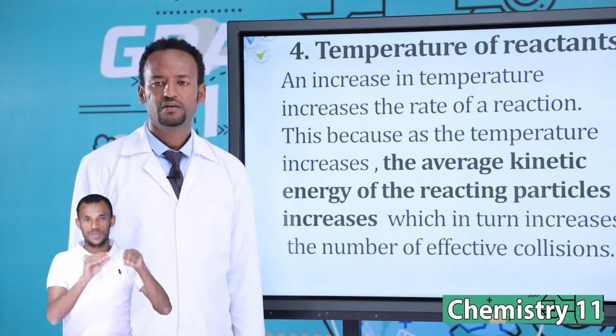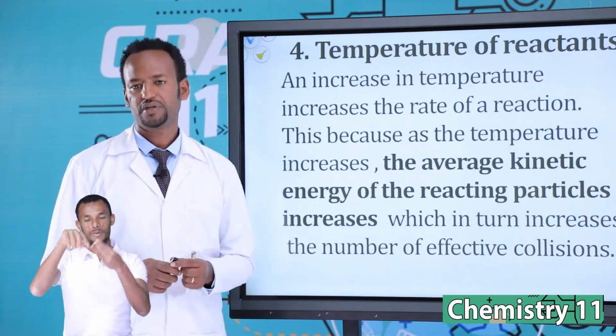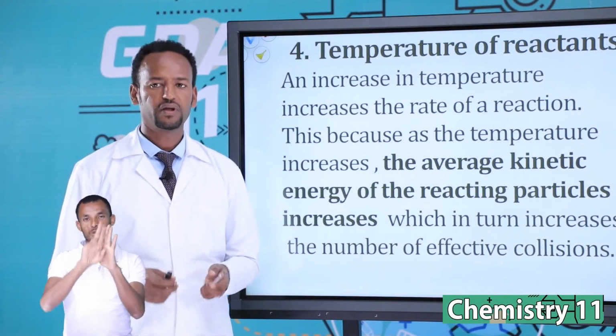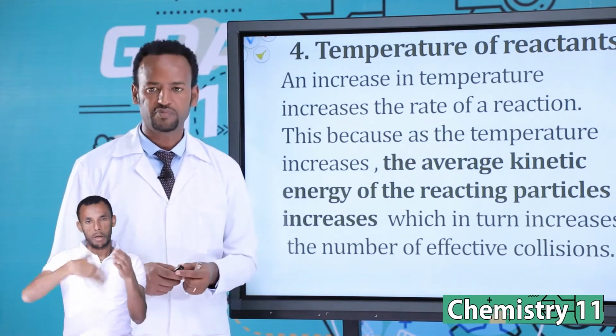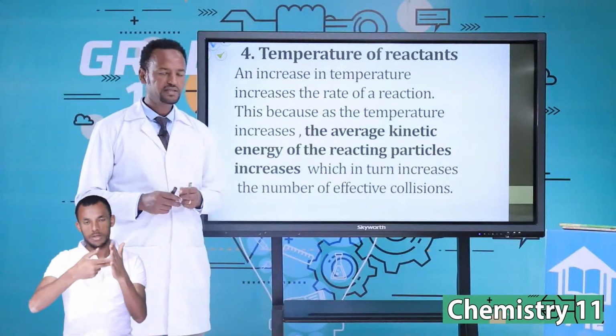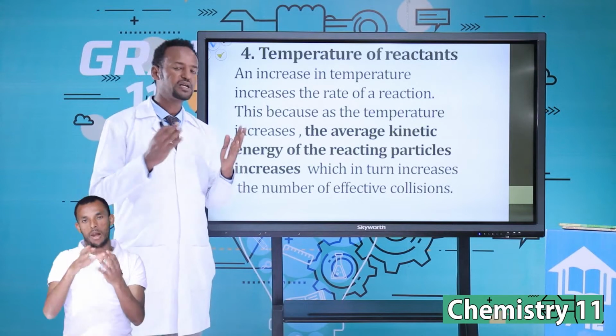Students, do you remember last time we discussed the new chapter, Unit 4, known as Chemical Kinetics? Do you know what I mean by chemical kinetics? Chemical kinetics deals with the rates of chemical reactions.